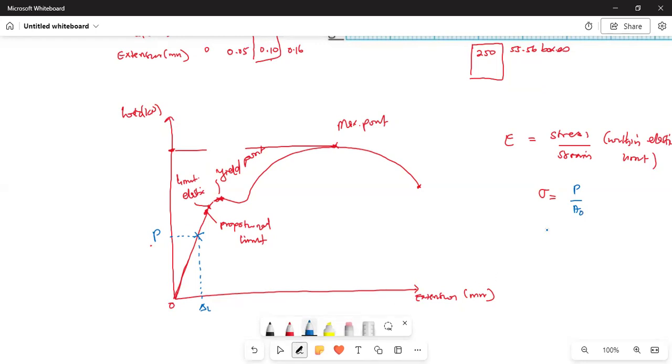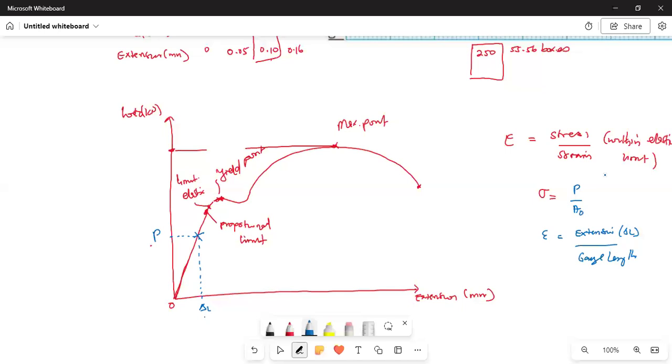Then the strain is equal to the change in length, the extension, which is delta L, divided by the original length, which is the gauge length.